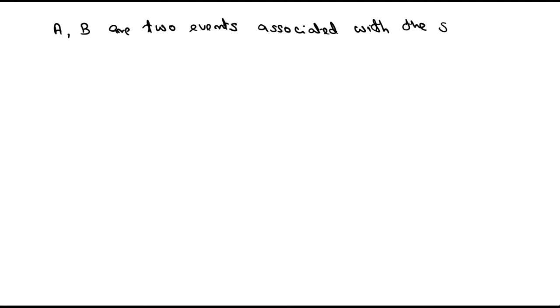So we can say, A and B are 2 events associated with the sample space of a random experiment.